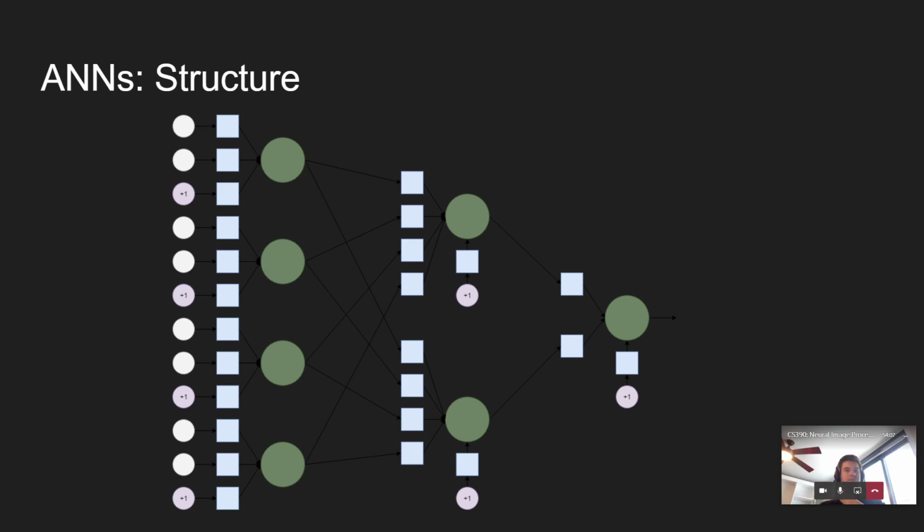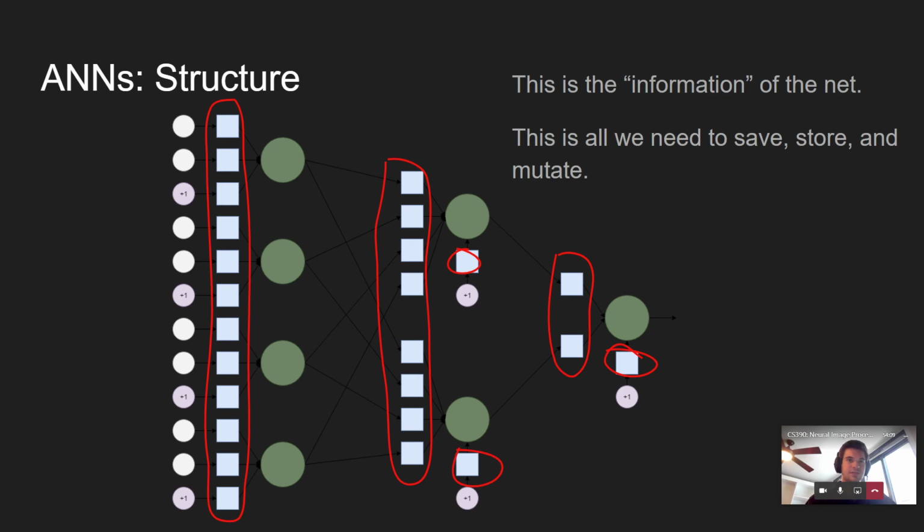But to move on, here's another kind of picture here. Now what I've circled here in blue boxes, including the ones that are attached to the biases, are these weights. This is the only information of the network. Everything else is architecture.